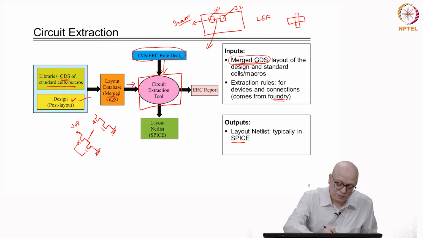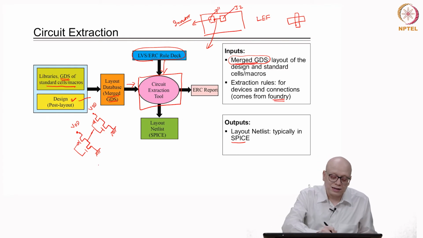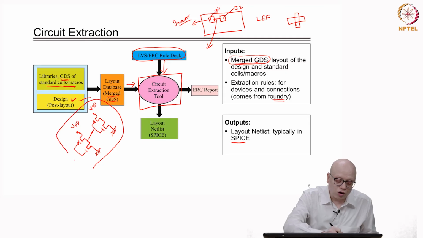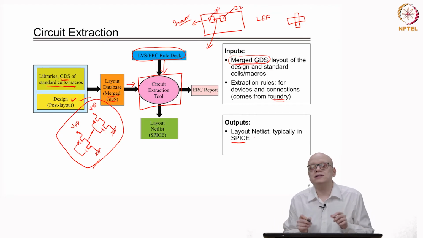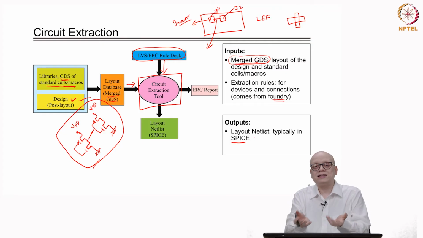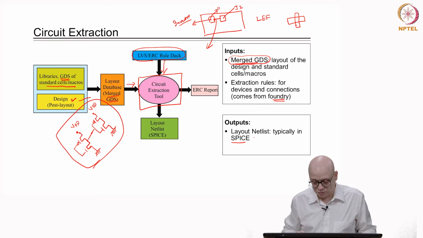The circuit extraction tool will basically generate a netlist of this form, typically in SPICE format, right. So, this is what the layout netlist is, meaning that this netlist has been extracted out of the layout that was given to the tool.